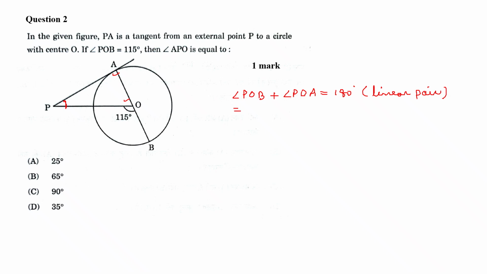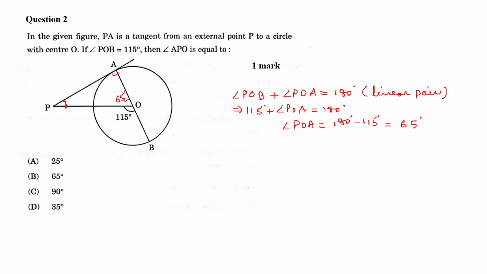Angle POB is given as 115 degree, so angle POA is 180 degree minus 115 degree, which is 65 degree.